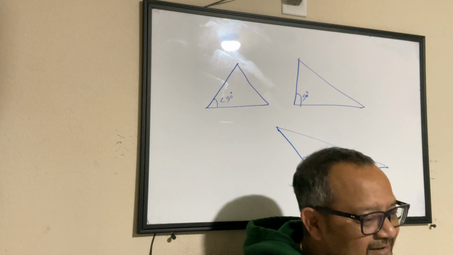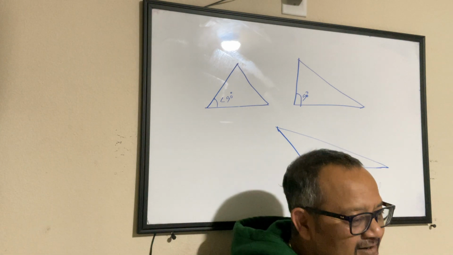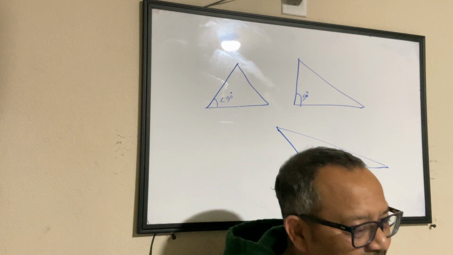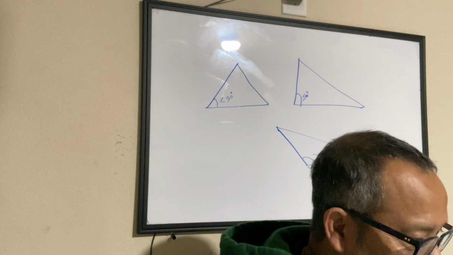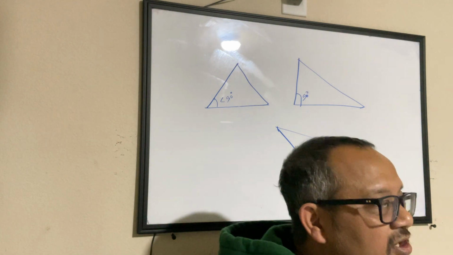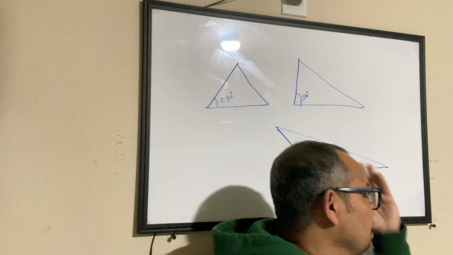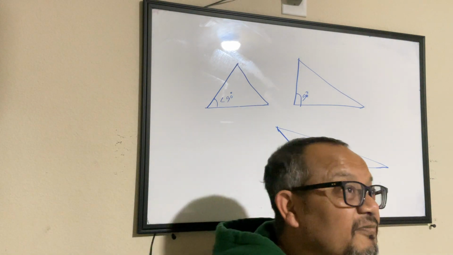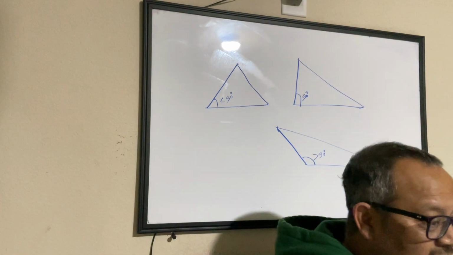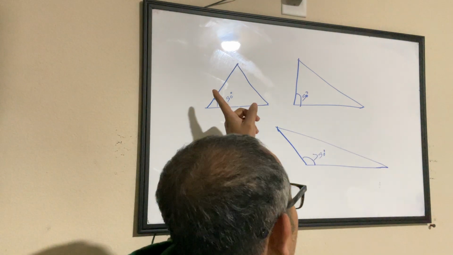Yeah, the equilateral has an acute angle that is 60 degrees. So this is called acute angle triangle also. If you talk about a triangle with the angle in mind, this is called acute angle triangle.